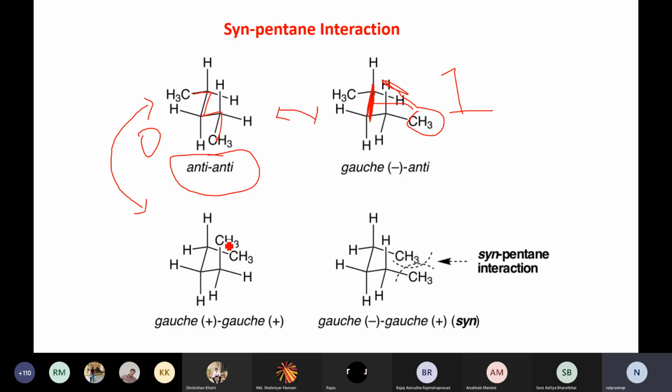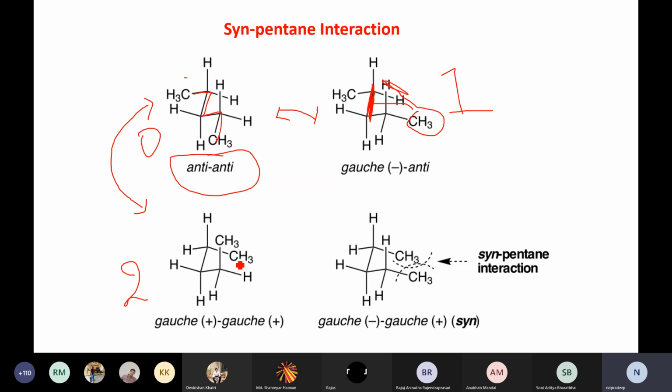One methyl I flipped in this direction, and another methyl I also turned around. So I get two gauches here. So these are two gauche interactions. This is gauche and gauche. If both turn in the same direction, you call them plus or minus. Don't worry about that. This will be gauche plus and gauche minus.